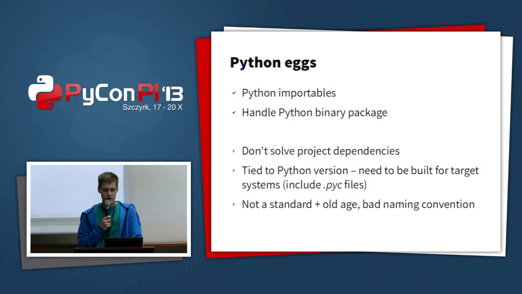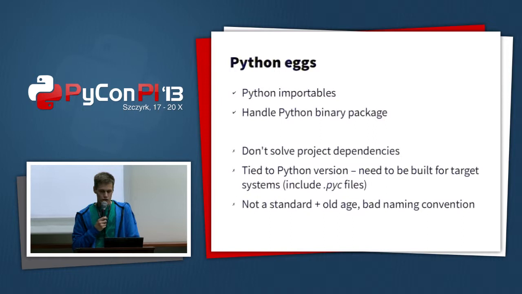But there are some caveats of using eggs, namely eggs aren't a packaging standard. Not only are they not a packaging format, but they are also not a packaging standard. They have bad naming conventions, so if you have an egg, you cannot tell for which Python version it will be used.